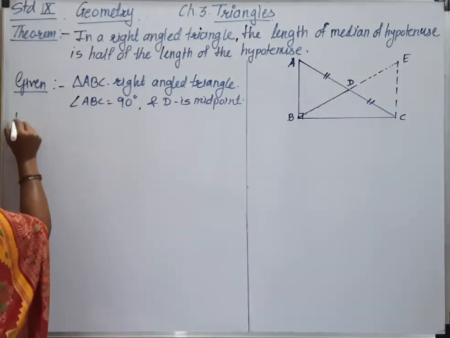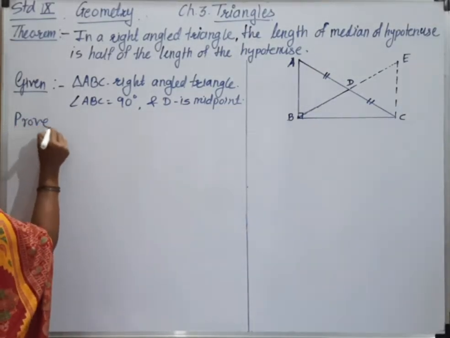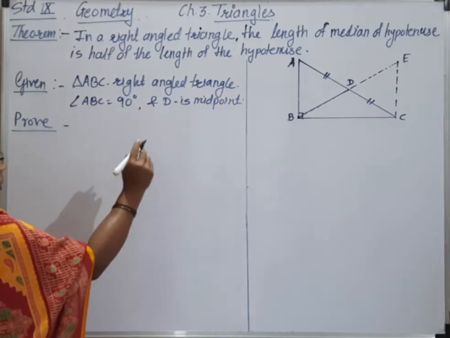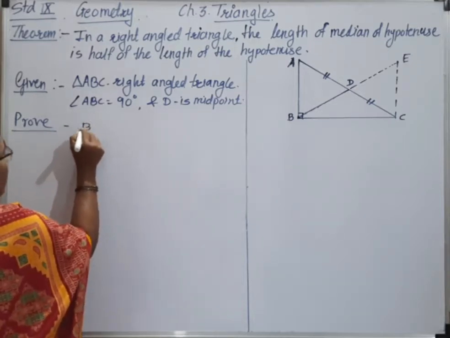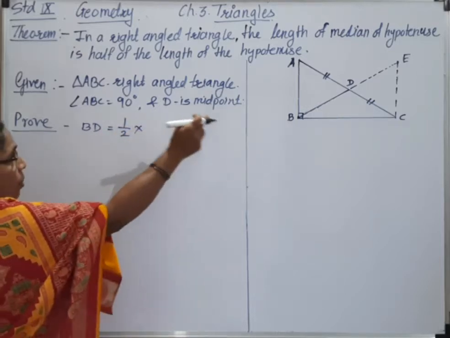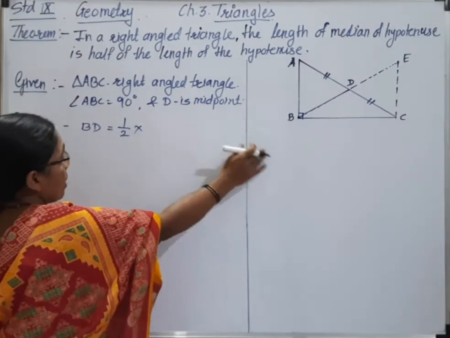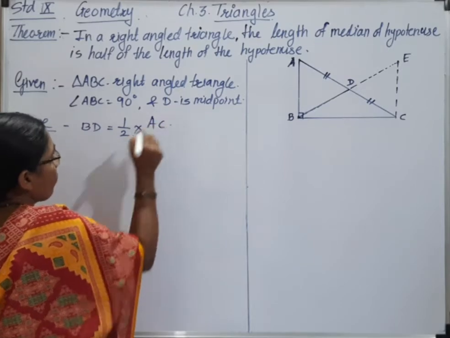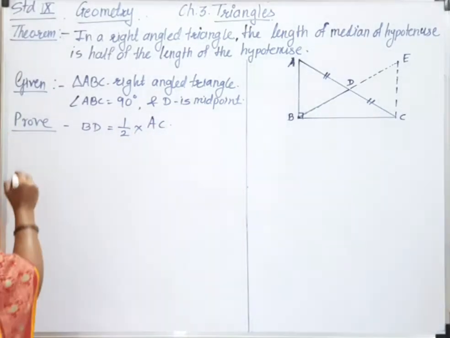We have to prove that BD, which is the median, is half of the hypotenuse, and the hypotenuse in this figure is AC. For that we have to do the construction.